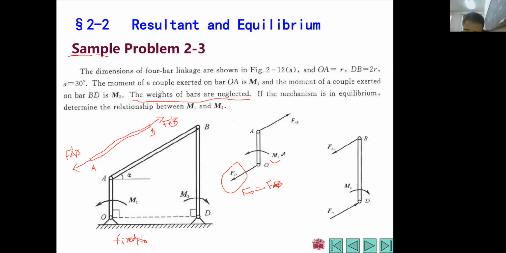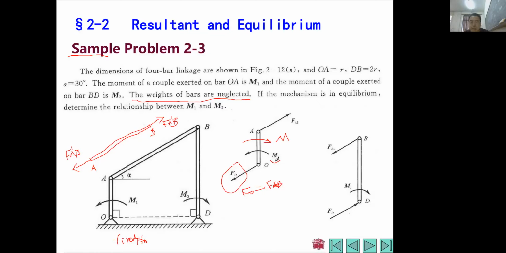So we only have FAB and FO. This FO you can think about as the resultant force of FOX and FOY. So it has to be in the opposite direction to FAB and have the same magnitude as FAB. Because these two have to constitute another couple which can counterbalance the M1.